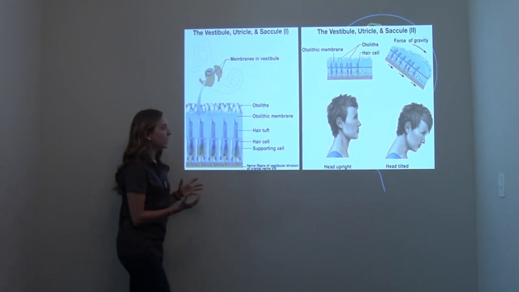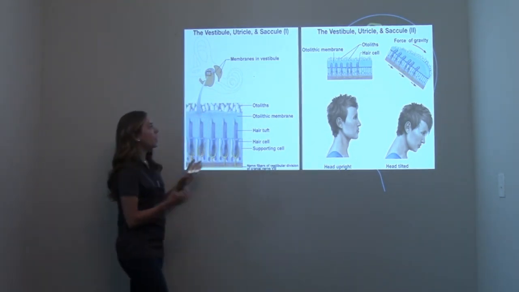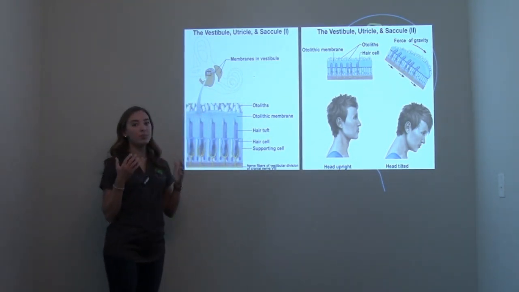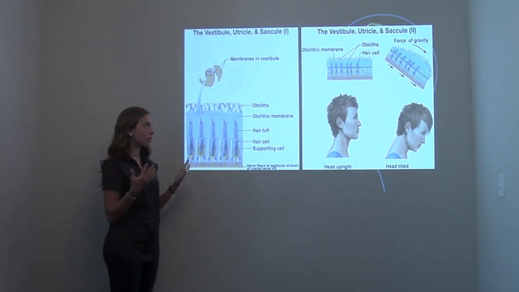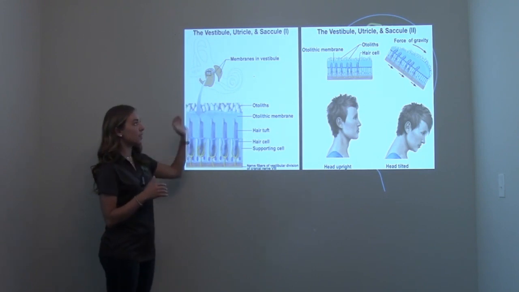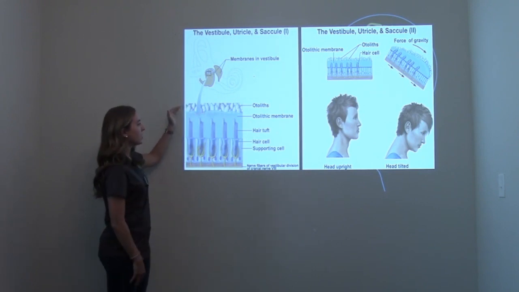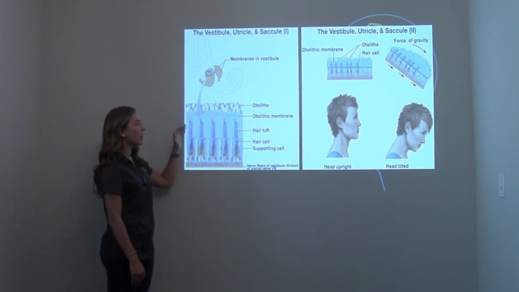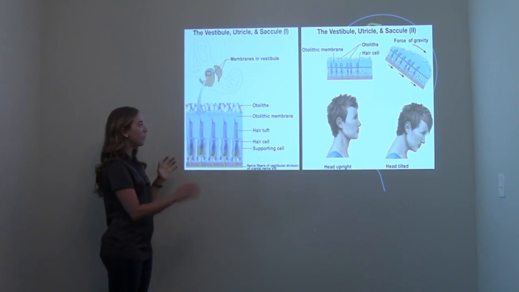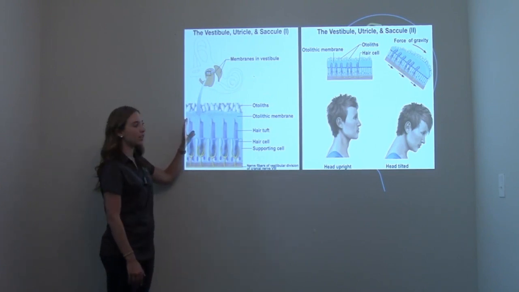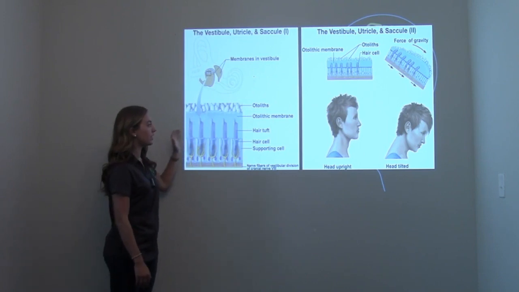So what's happening in this system is when we make a movement forward or horizontal or vertically, there's a shift. That shift in gravity is causing these otoliths to move. So as we move our head or as we move in space, these otoliths' positions are shifted. The rocks move. And this movement causes this jelly-like substance to move with it, which then also will move the cilia and the tufts inside.